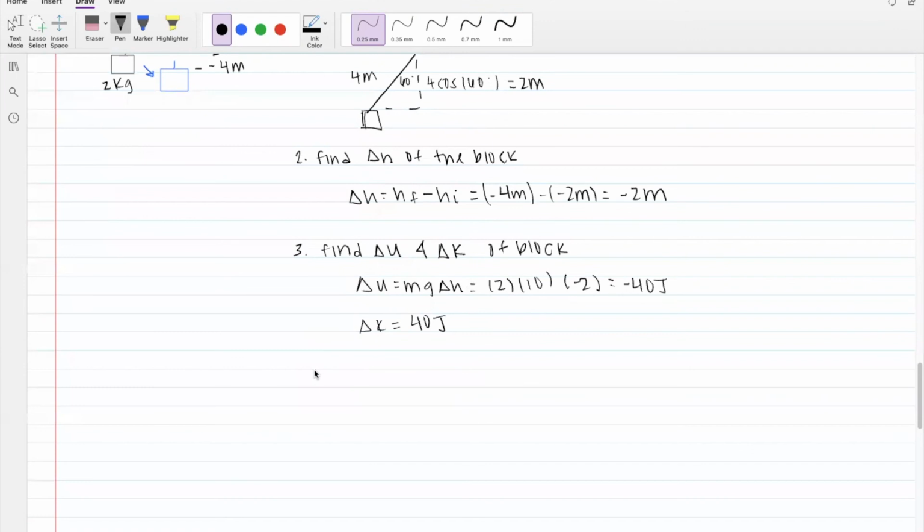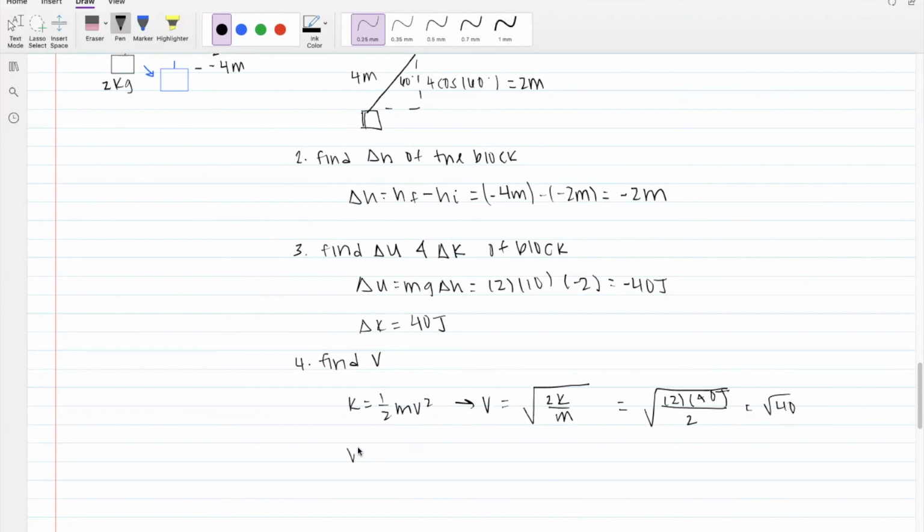Okay, now let's find the velocity. So K is equal to 1/2 mv squared. So v is equal to the square root of 2K over m. So we have the square root of 2 times 40 joules all over 2, which equals the square root of 40.